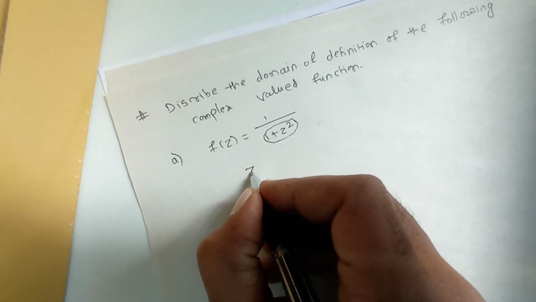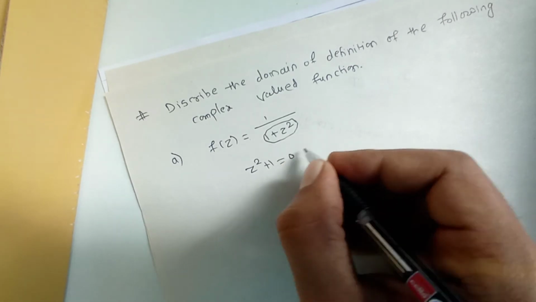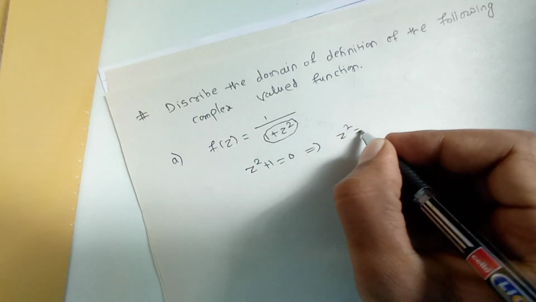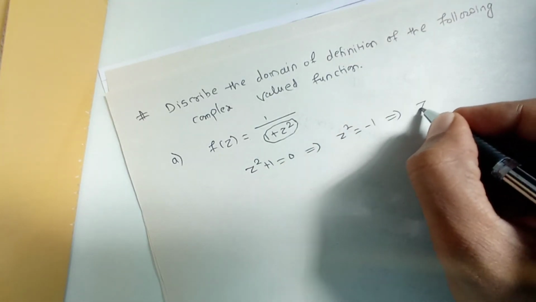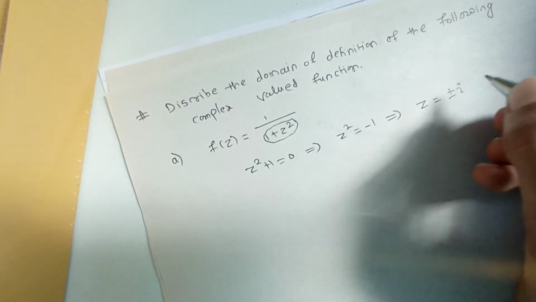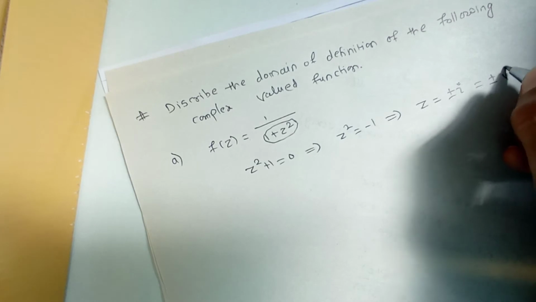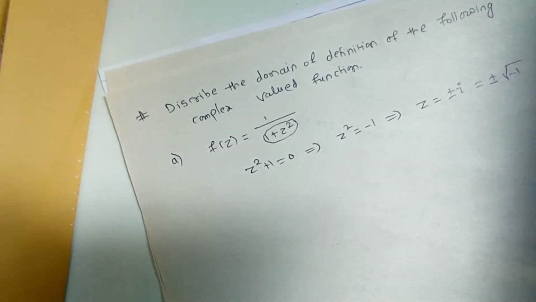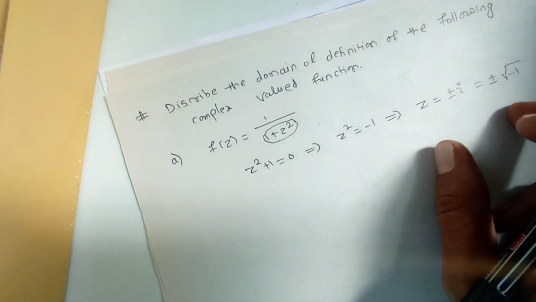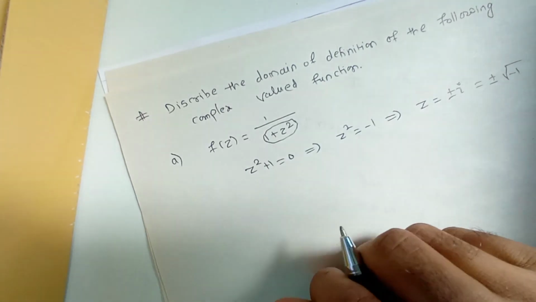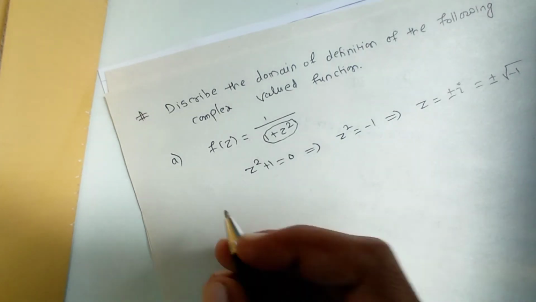So, z² + 1 = 0. This implies that z² = -1. This implies that z = ±i, where i = √-1. So, remove those points from the domain and that will be the domain of definition of the given function.